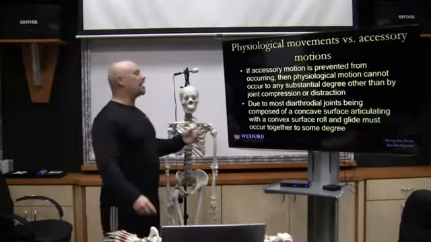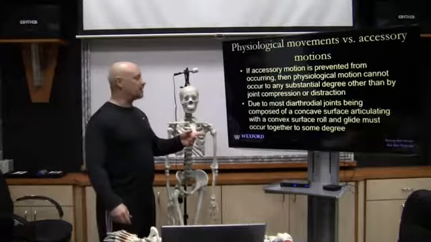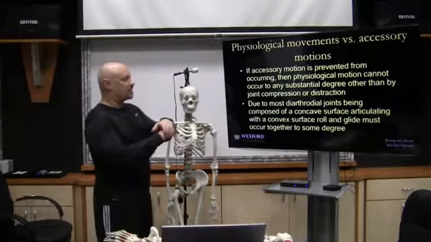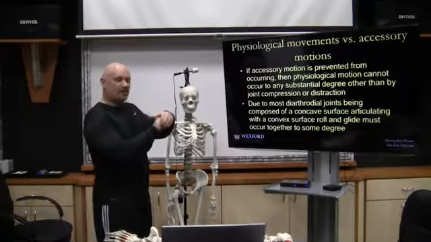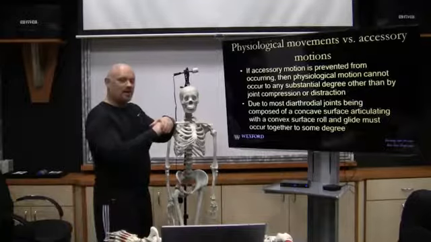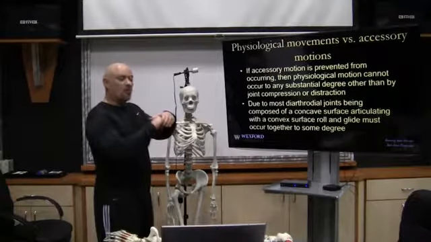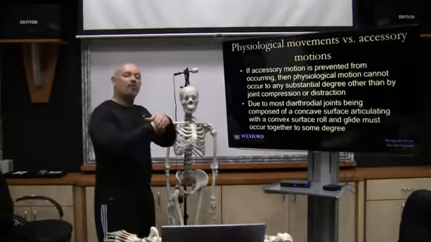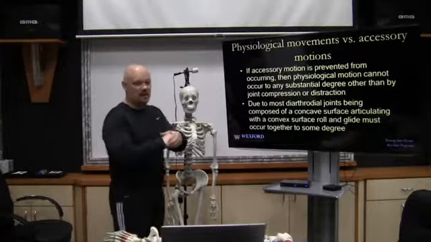Due to most diarthrodial or synovial joints being composed of a concave surface articulating with a convex surface, roll and glide must occur together to some degree. So the joints have to roll, glide, and slide within the articulating surface in order for efficient movement to take place.